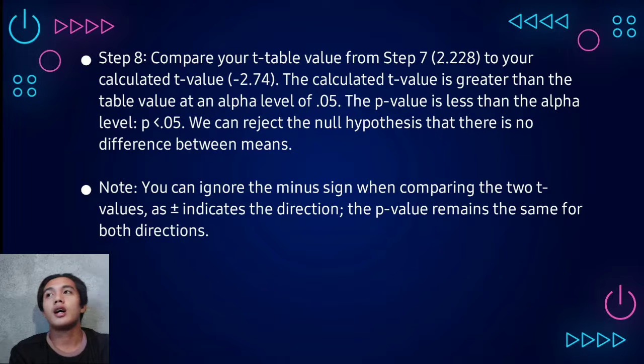So, ang result ng ating t-test is na-reject natin yung null hypothesis kasi mas malaki yung computed t-score natin kaysa dun sa p-value or dun sa table. Note: you can ignore the minus sign when comparing the two values. As indicated the direction, the p-value remains the same for both directions.